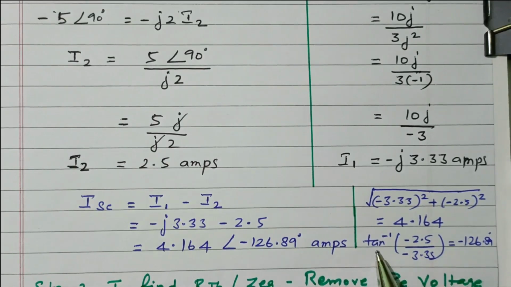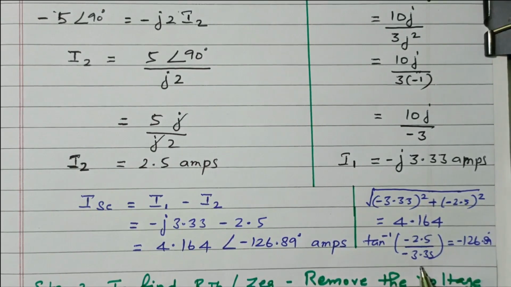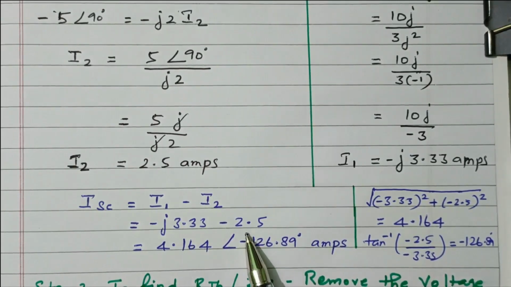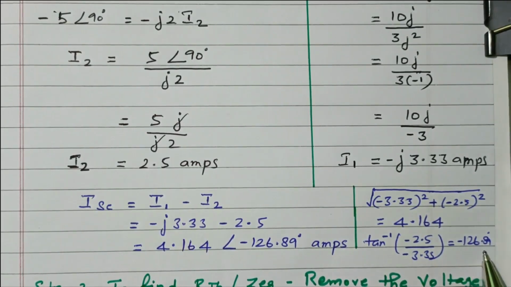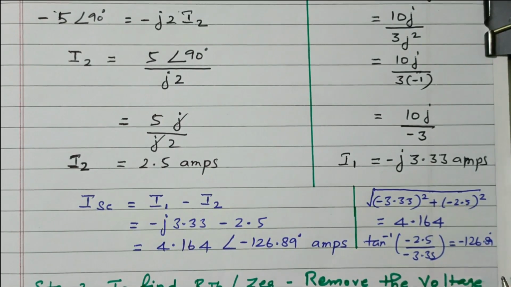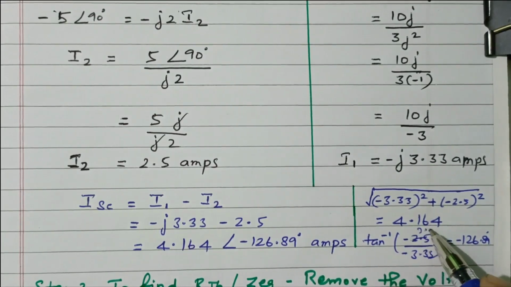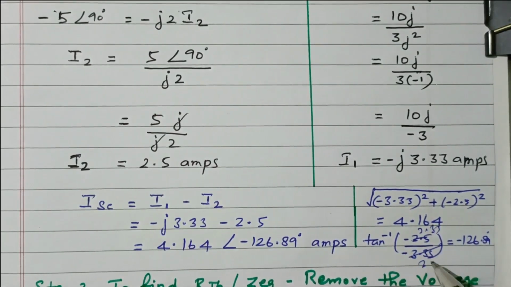Similarly, angle is tan inverse B by A. Tan inverse imaginary term divided by real term. So tan inverse 2.5 divided by 3.33 gives minus 126.89, right? So this value is not correct. This is imaginary term divided by this, 3.33 divided by 2.5, right?